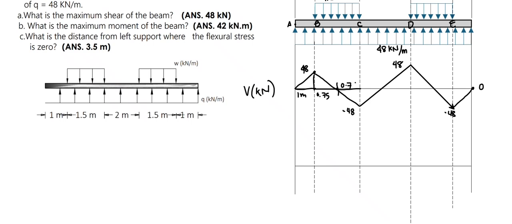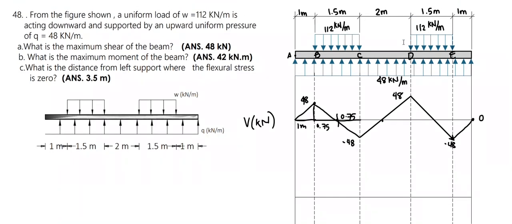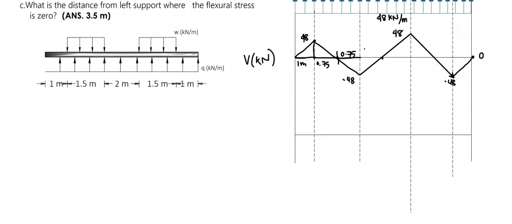And from C to this point, since these two vertical distances are equal, it will form similar triangles with the same horizontal distance. Therefore, these 2 meters will be divided into 2 equal parts, that is 1 meter here and 1 meter there.